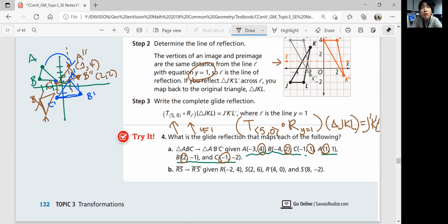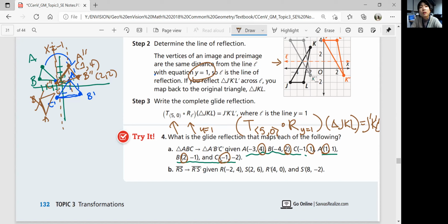Okay, so where are you reflecting your triangle? At line -1. Your point C does not change, does it? No, only after translation it's gonna be moved. But you gotta reflect at exactly x is equal to -1 line.